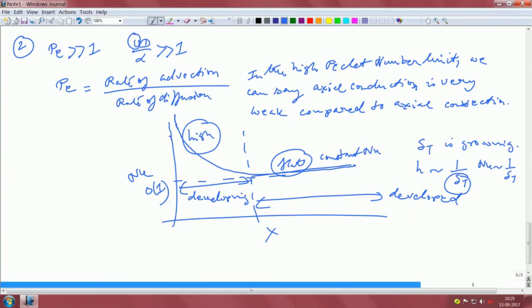This is one of the most important findings, which you did not get in a flat plate boundary layer. There the Nusselt number was still a function of Reynolds number raised to the power of half, if you recall. Here, the Nusselt number no longer remains a function of x, which is one of the most crucial findings.